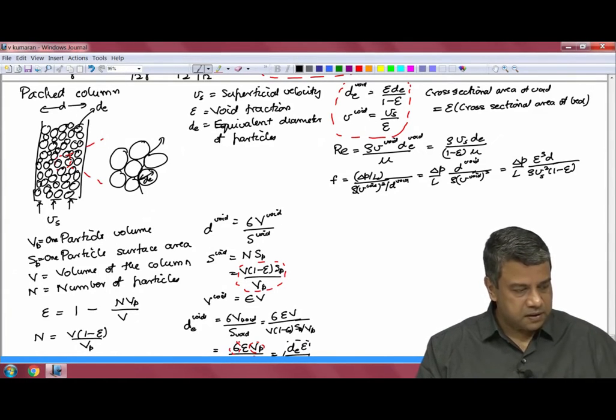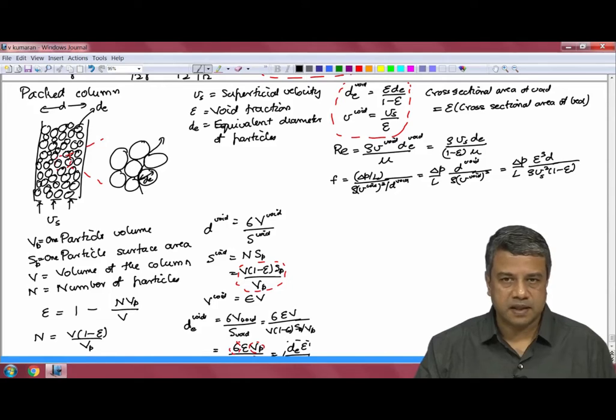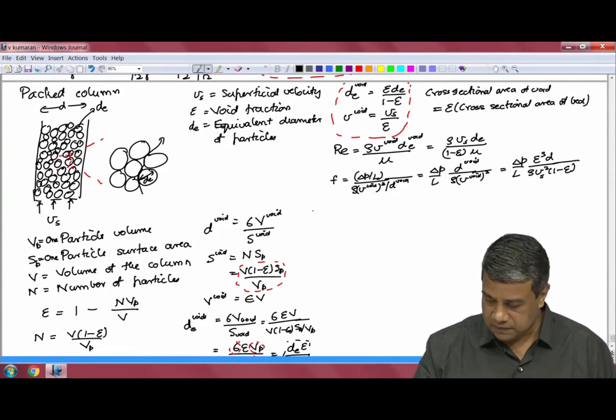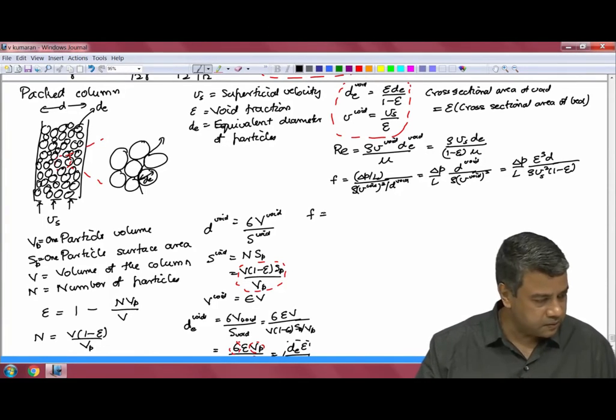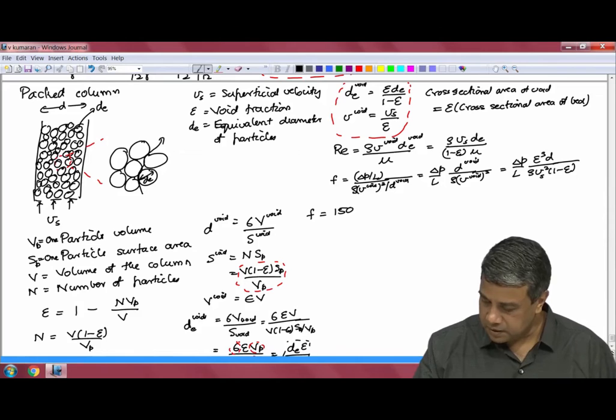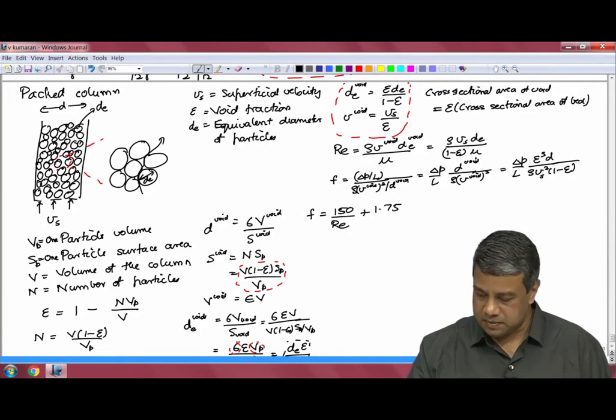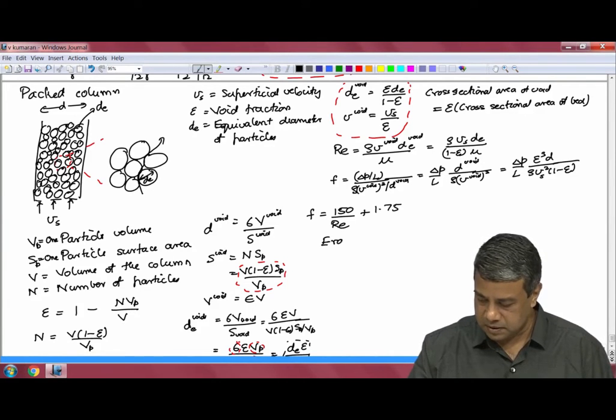And the standard correlation that is used for packed beds is that the friction factor is equal to 150 by Re plus 1.75. This goes by the name of the Ergun correlation.